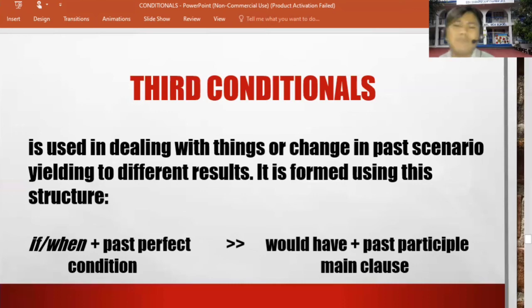Sir, what is past perfect? That is also a type of tense. It is one of the tenses of the verbs that we have to know. When we say past perfect, it expresses a past action that took place, or should I say happened, before another past action.